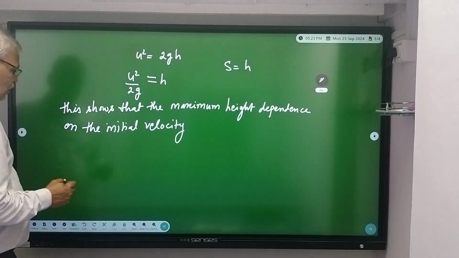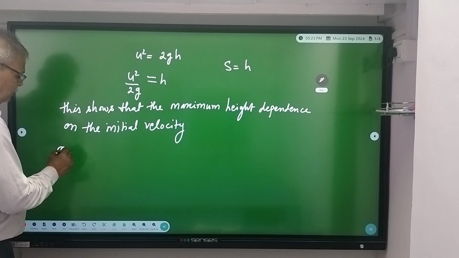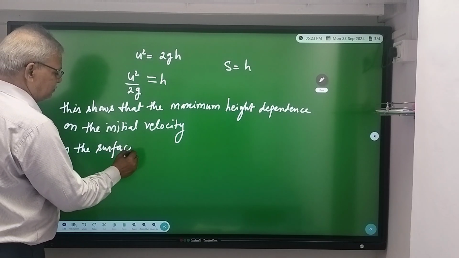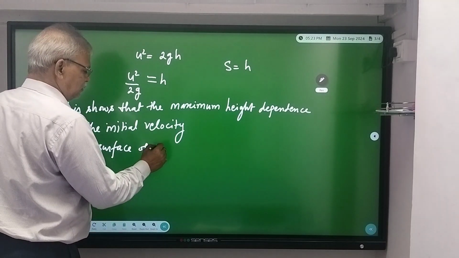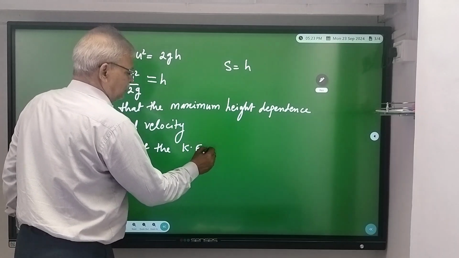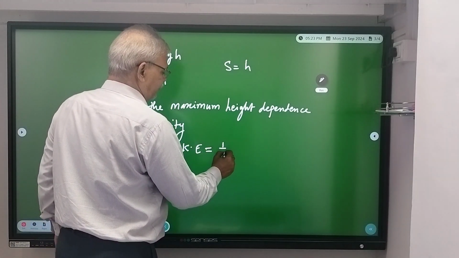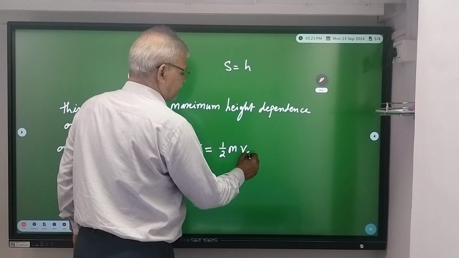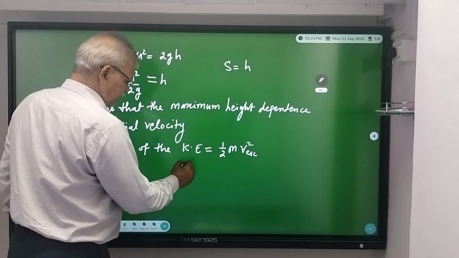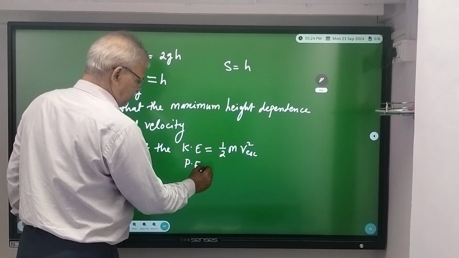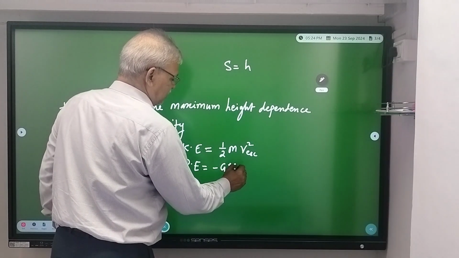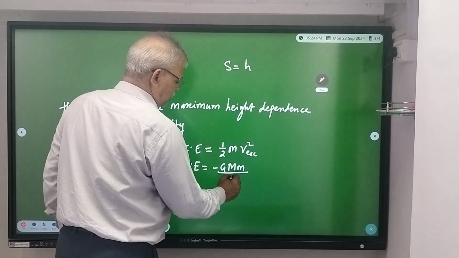Okay. Now see, on the surface of Earth, the kinetic energy will be equal to half m v escape square, and potential energy will be, as I told you, minus G capital M small m upon r.